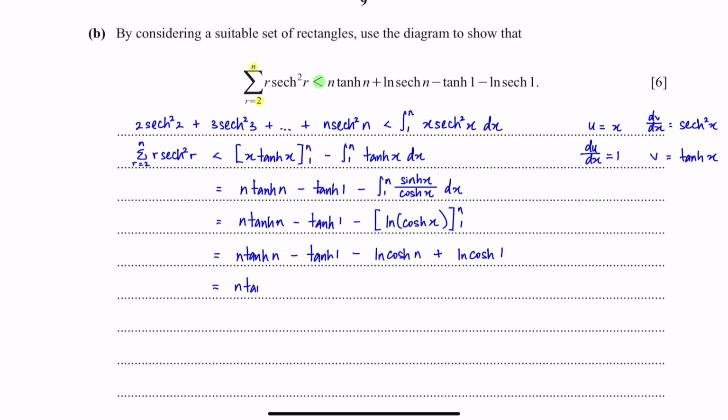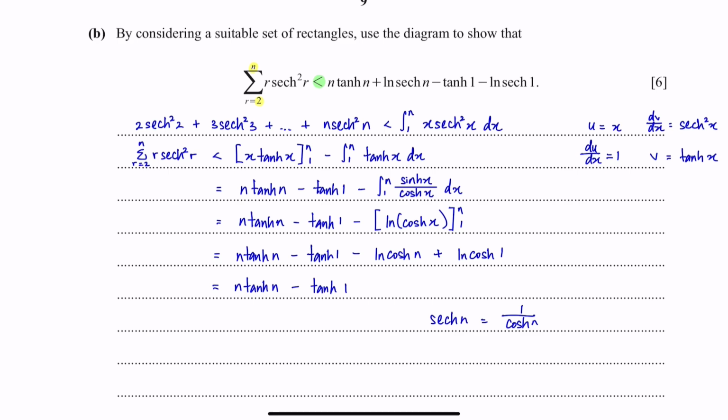Okay, again, sec is basically just 1 over cos, right?